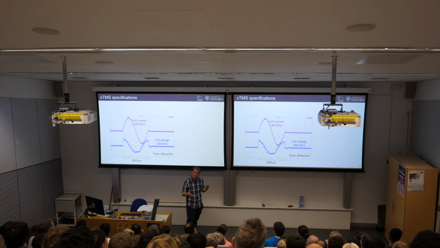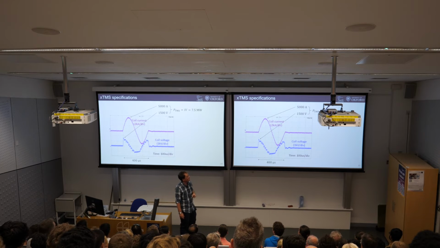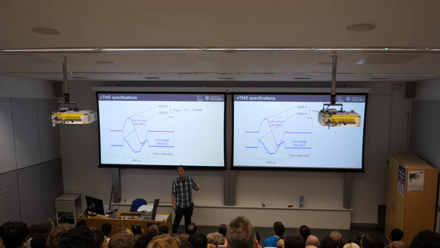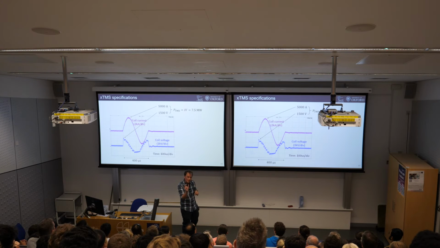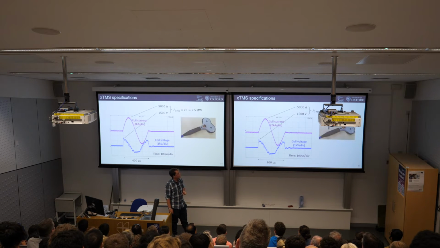These pulses last something like 400 microseconds, which is obviously a very, very short period of time. Okay? And this is why we get very high peak powers, because we multiply the peak current and the peak voltage, VI equals P. But we're only applying them for very, very short periods of time. So this is how we can do it in a box that's relatively small.